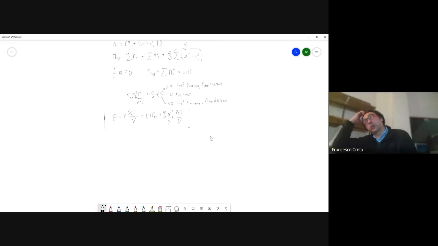It's just the equation of state. But we can make a very loose argument and ask ourselves what happens to psi of equilibrium if we change the pressure.